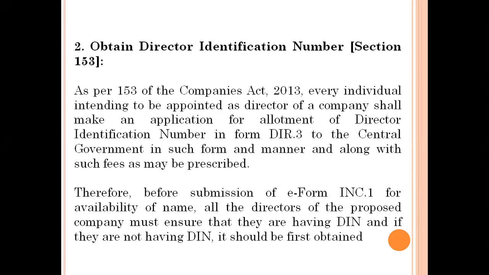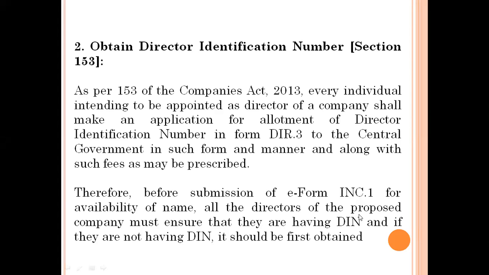Therefore, before submission of e-form incorporation 1, for availability of name, whenever you want to put one name for your company, first you can check whether the name is available or not.